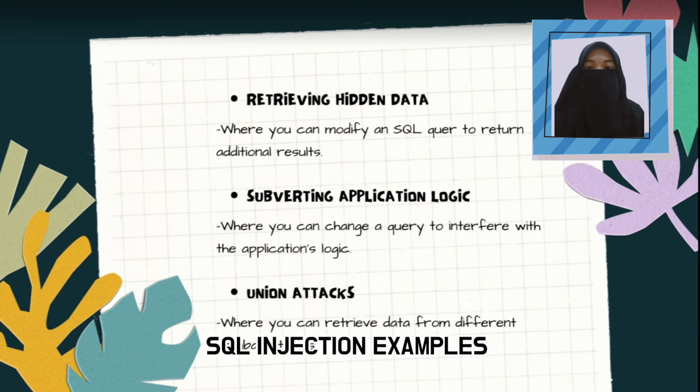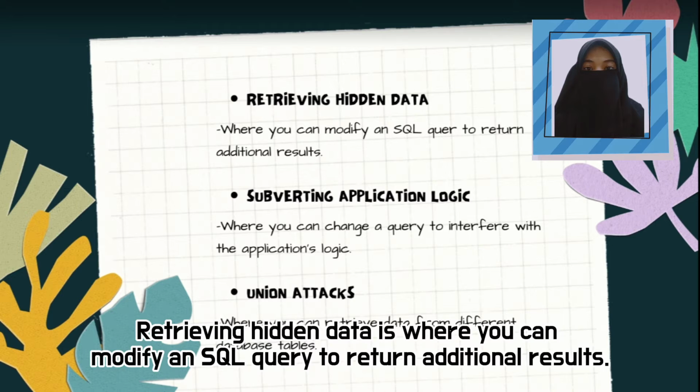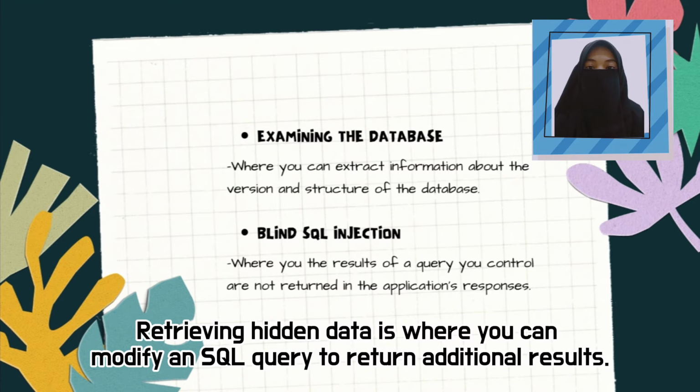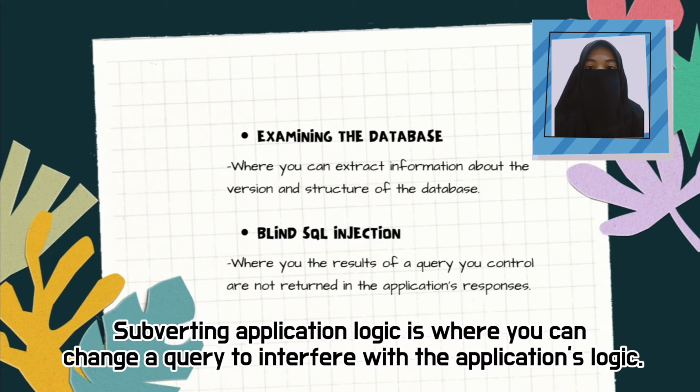SQL injection examples. Number 1, retrieving hidden data is where you can modify an SQL query to return additional results. Number 2, subverting application logic is where you can change a query to interfere with the application's logic.